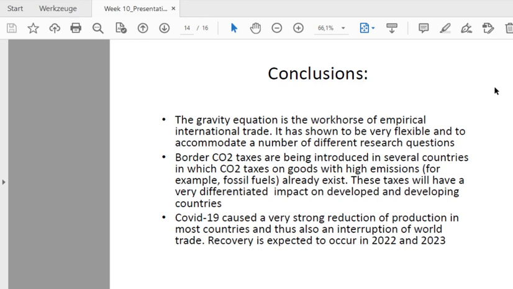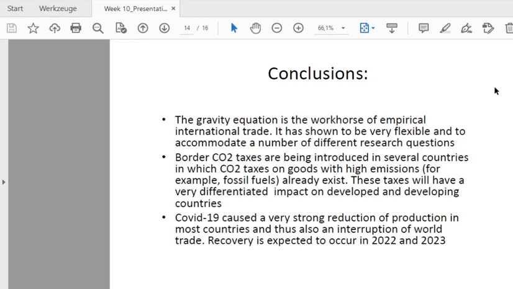These taxes will have an impact on both developed and developing countries, and this impact will be very different in developing and in developed countries. And so it's very interesting to study the impact of these taxes.